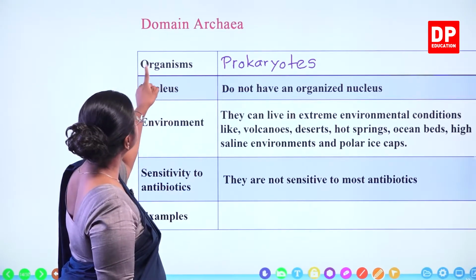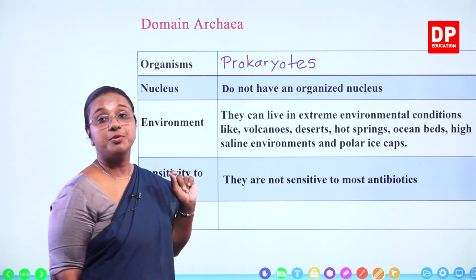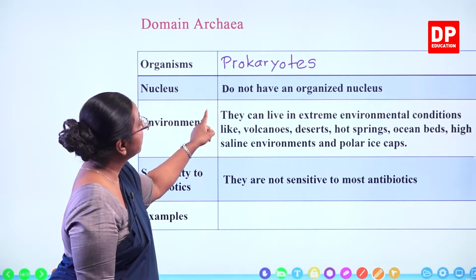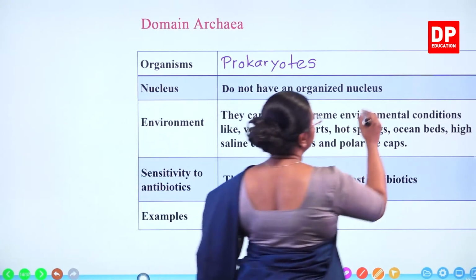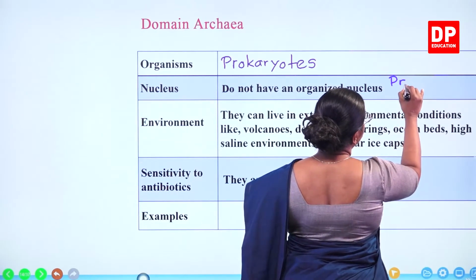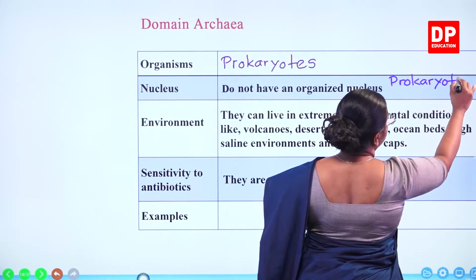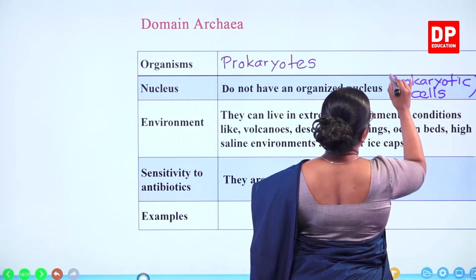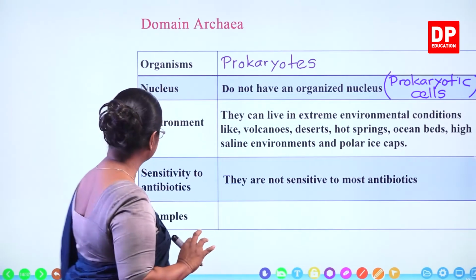The organisms that belong to Domain Archaea are all prokaryotes. If you look at the nucleus structure, they do not have an organized nucleus. So here we call it the prokaryotic cell, because they do not have an organized nucleus. I'm sure you all can understand that.